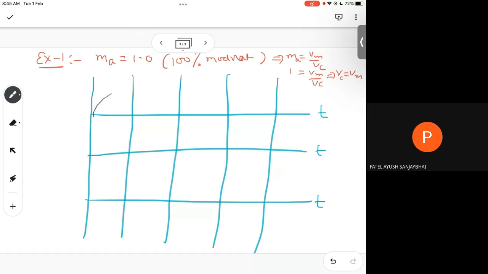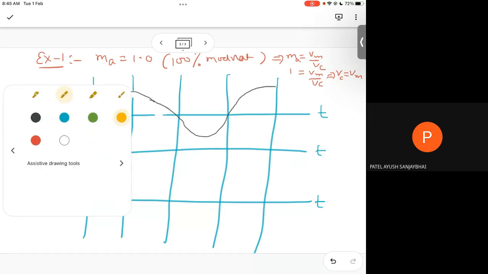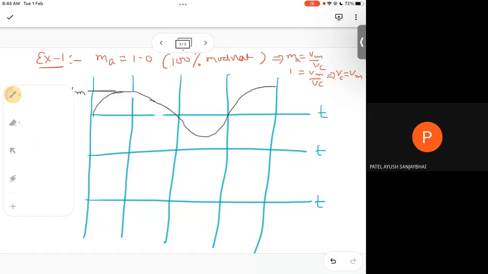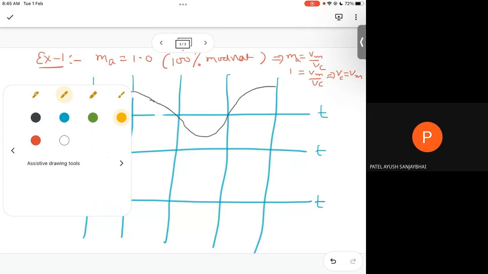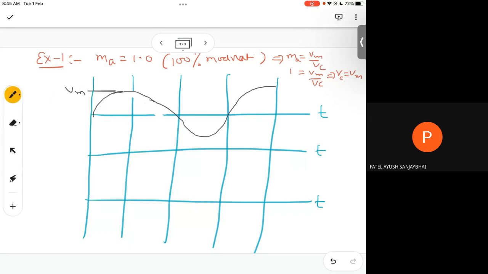Let's say this is my Vm. And then the high frequency carrier, we plotted Vc, and Vc will look like this.